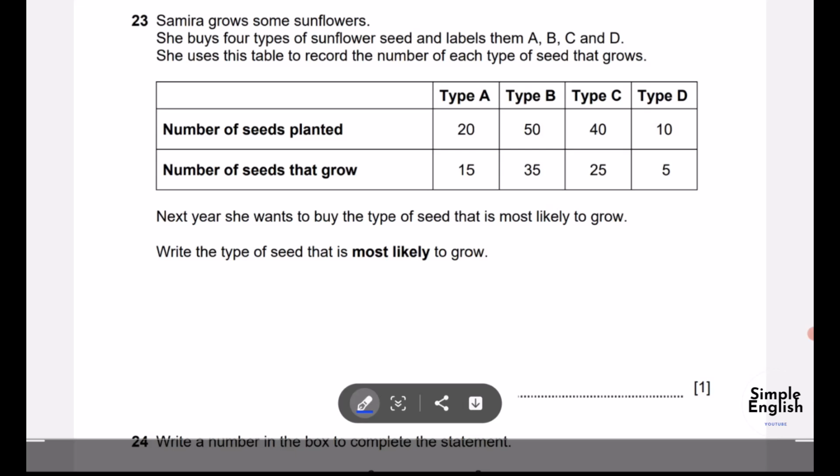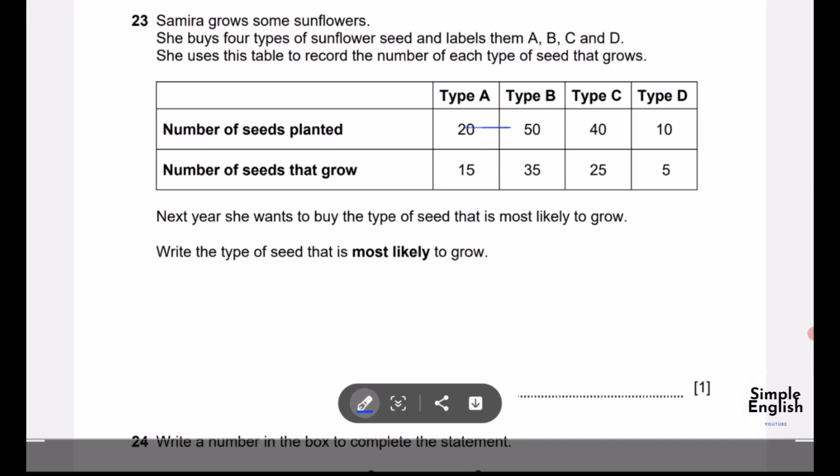23. Samuel grows some sunflowers. She buys 4 types of sunflower seeds and labels them A, B, C, and D. She uses this table to record the number of each type of seeds that grows. We have the type, the number of seeds planted, the number of seeds that grow. Next year, she wants to buy the type of seed that's most likely to grow. That's why we need to calculate the probability of each type.